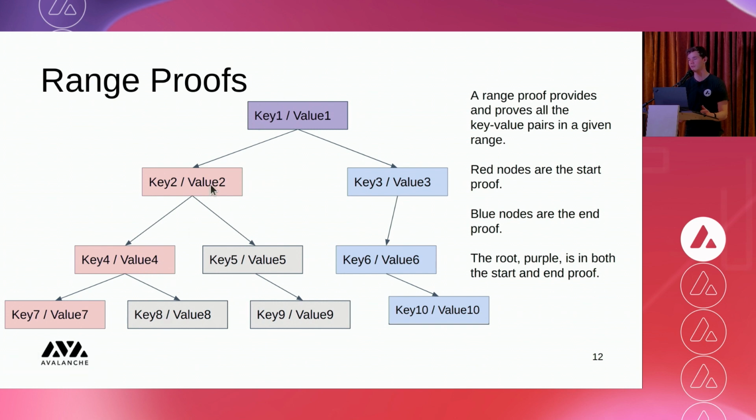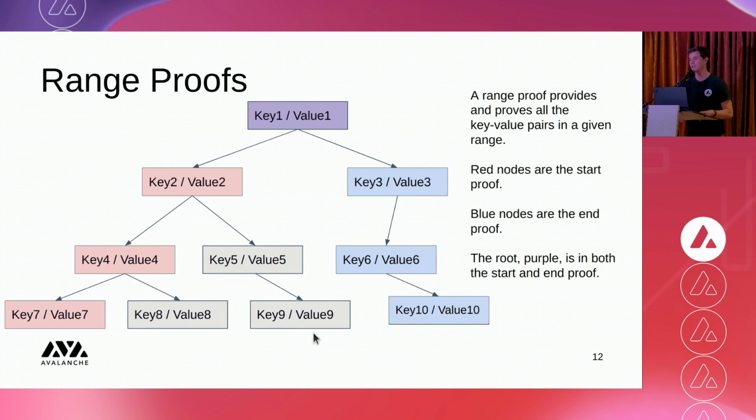So I just give you the start proof, the end proof, this node, and this node, but I omit this node. So what will happen is you put all of these nodes in the start and end proofs into a local copy of the trie, right? So you just start from an empty tree, and you put in all of the nodes that I've given you here, and then you put in these key value pairs.